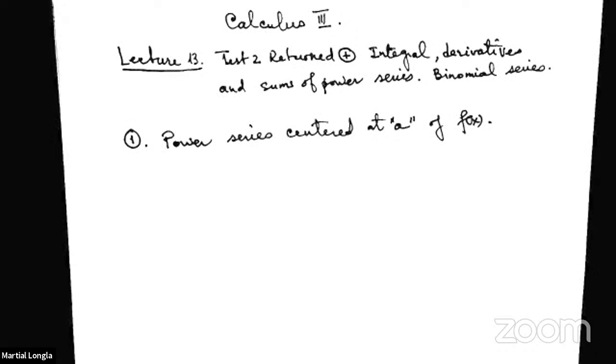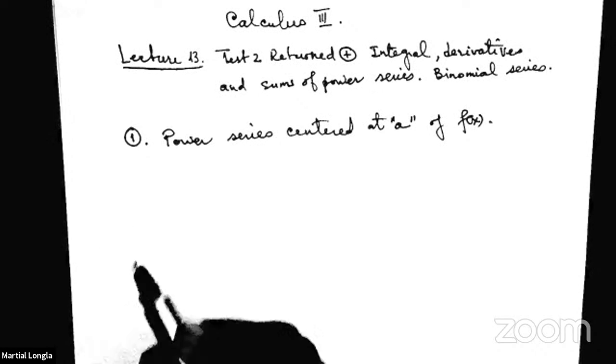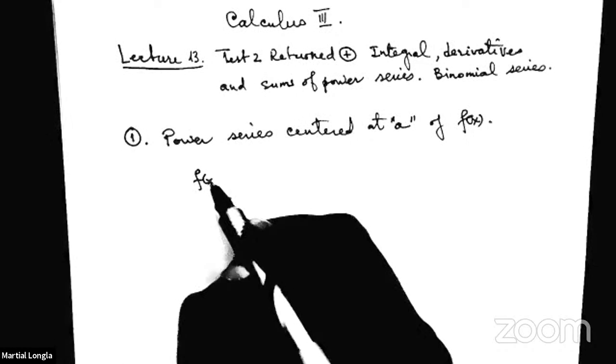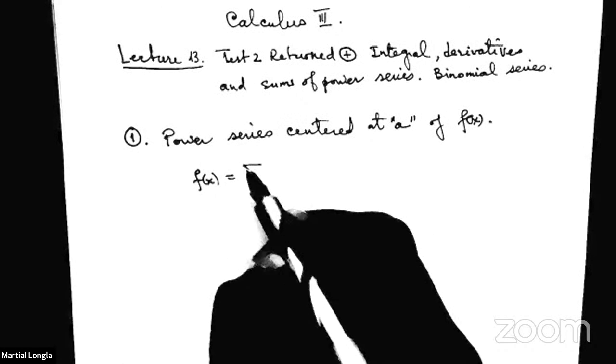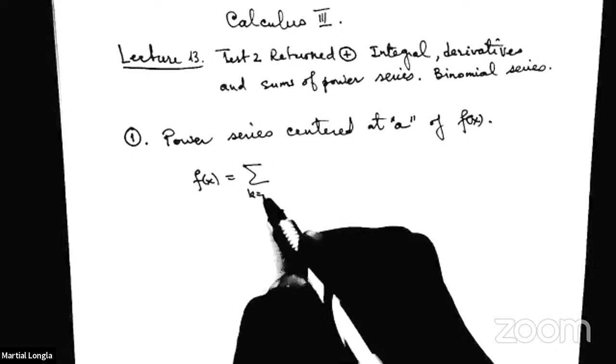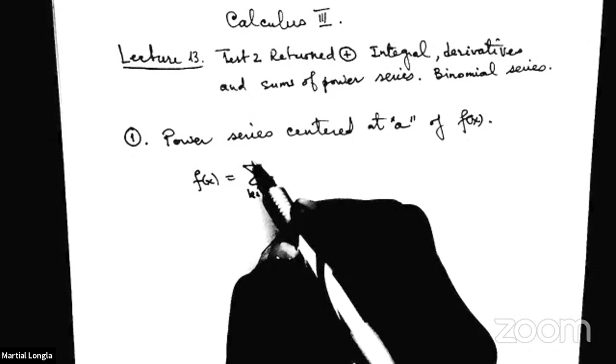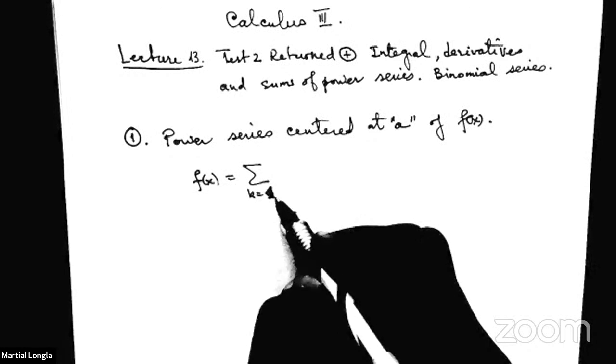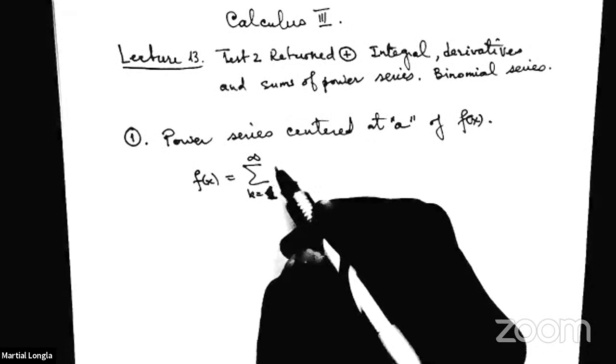Last time we had the Taylor polynomial centered at A, and the power series will be the representation of the function in the form f of x equals sum k from 0. Let's say it's k from 1 to infinity.